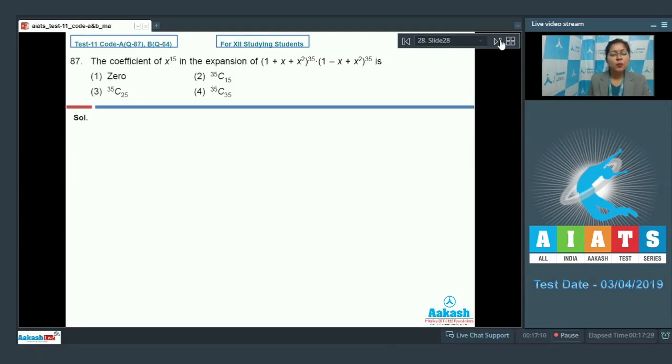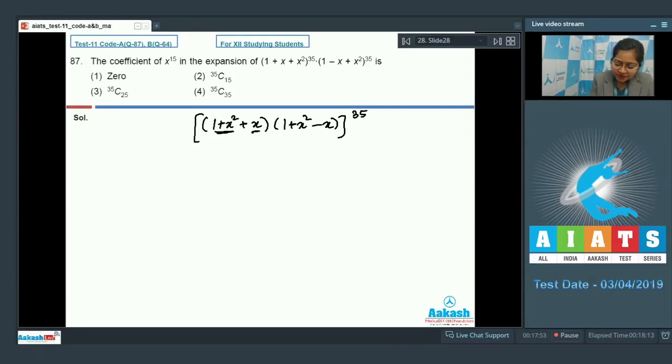Next is question number 87, which says: the coefficient of x raised to the power 15 in the expansion of (1 plus x square) raised to the power 35 into (1 minus x plus x square) raised to the power 35 is. Now this can be rewritten as ((1 plus x square) plus x) into ((1 plus x square) minus x) whole raised to the power 35.